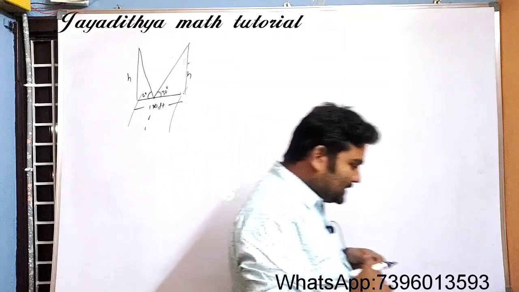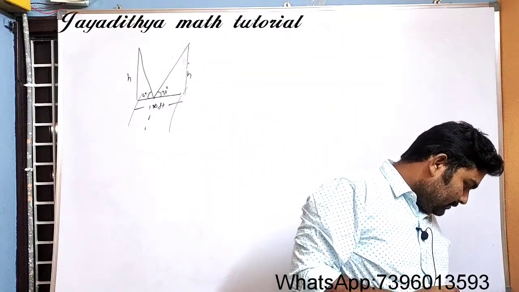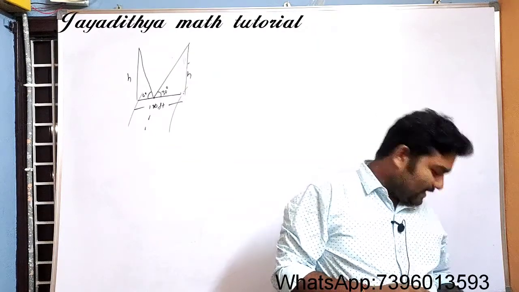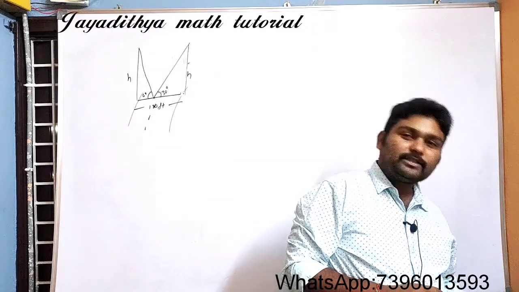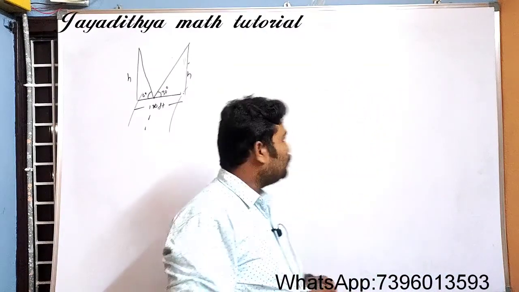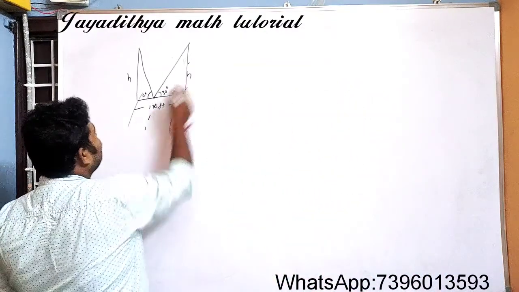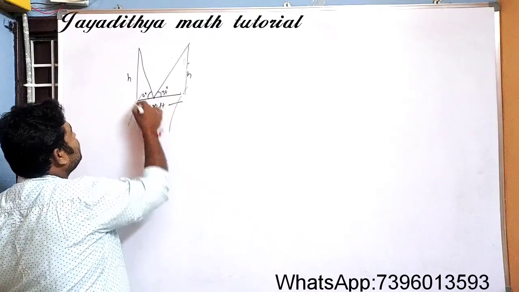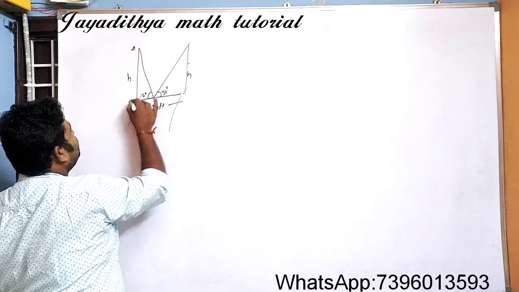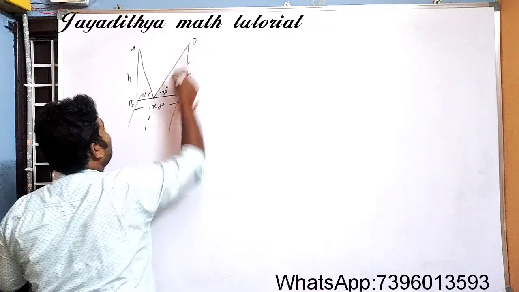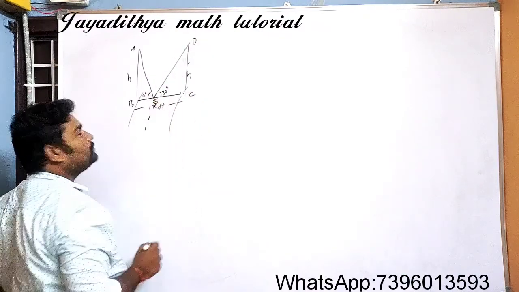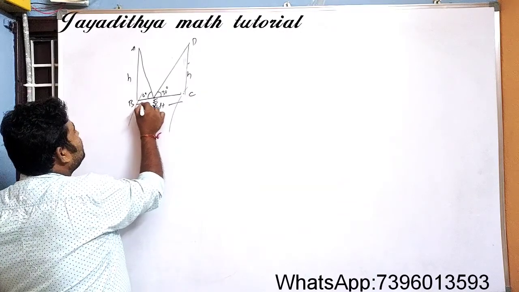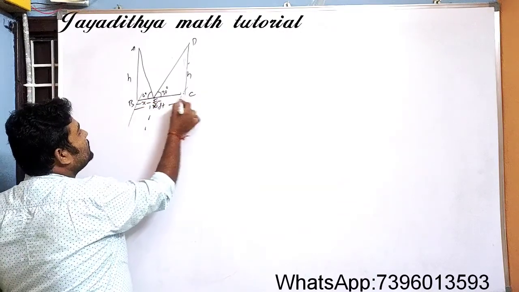Now what is the question here? Find the height of the poles and the distance of the point from the poles. So you need to find the height and also the distance. Let us take the two poles as AB and CD, and let us take the point on the road as E. Let us take BE as x, and what happens to EC?